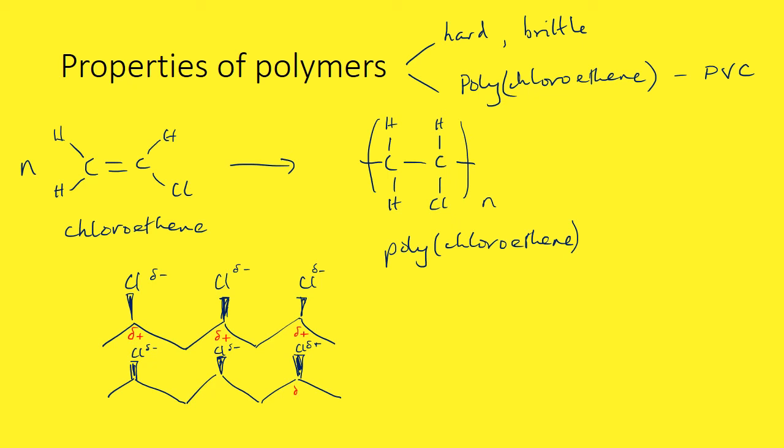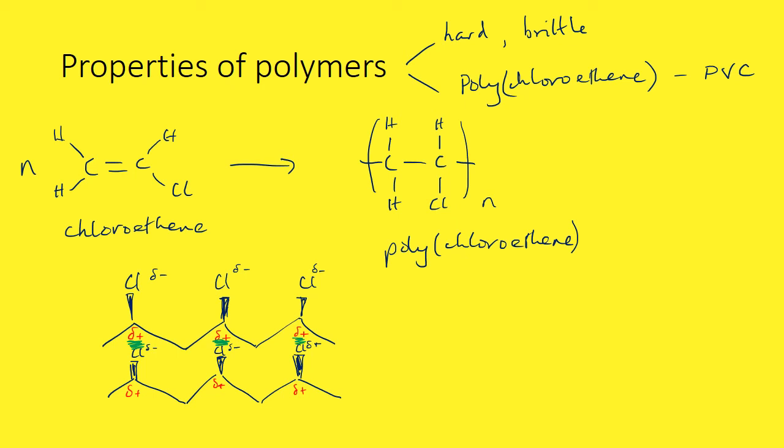We would have our delta positive carbon atoms on these 3 corners, and you can see we're going to have electrostatic attraction. Let's put that in green. So you can have electrostatic attraction between the delta positive carbon and the delta minus chlorine.